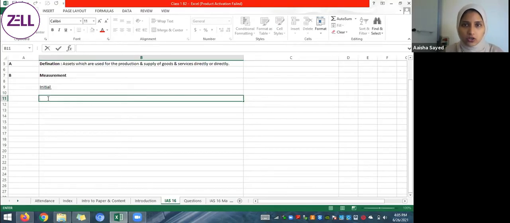I made a call and purchased it. When I purchase this machine, what value do I take in my balance sheet? I've incurred a purchase price, but probably I've incurred other expenses connected with it. So what are the amounts that I will take and put in the balance sheet?